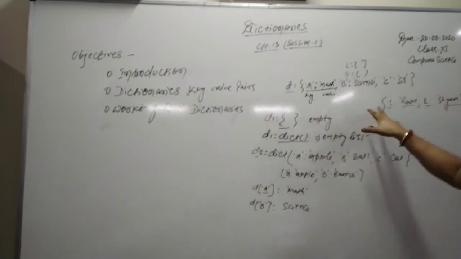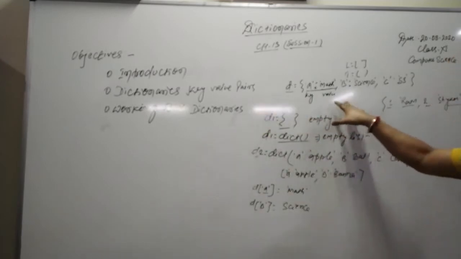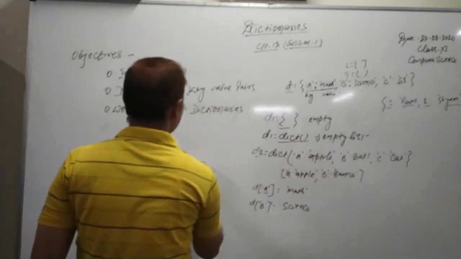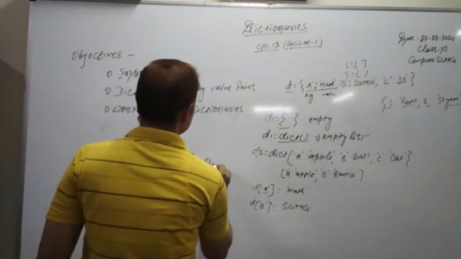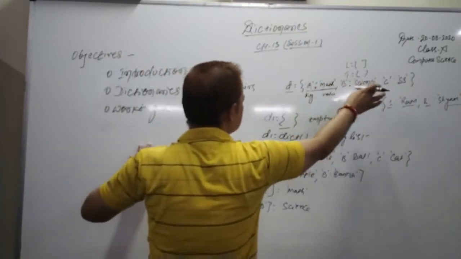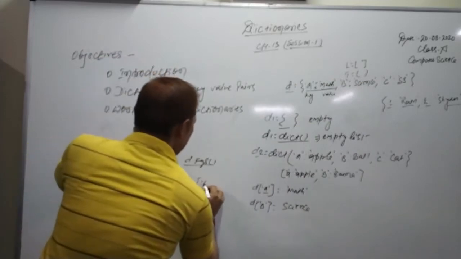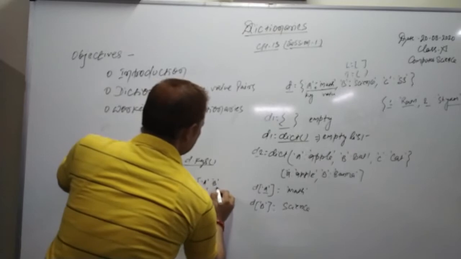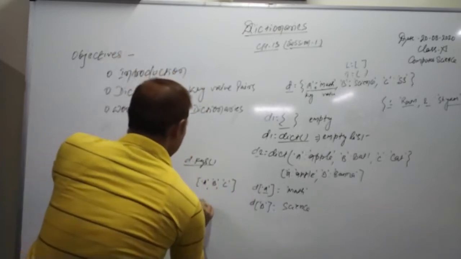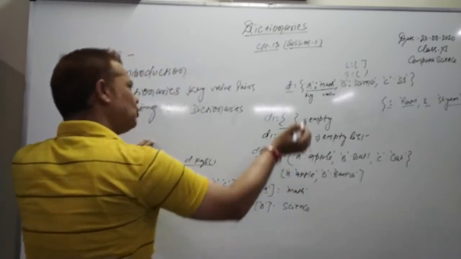If you want to see all the keys of a dictionary, you simply use your dictionary name dot keys, d dot keys, and this method will give you all the keys together, A, B, C. It will show you only the keys, mind it. And if you say d dot values, it will give you all values.